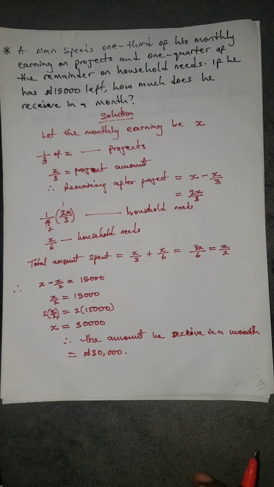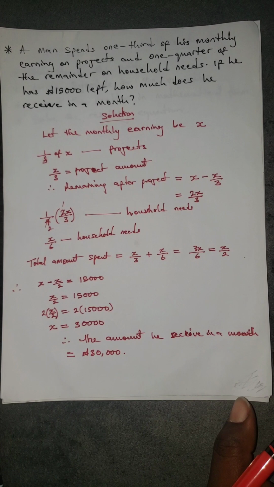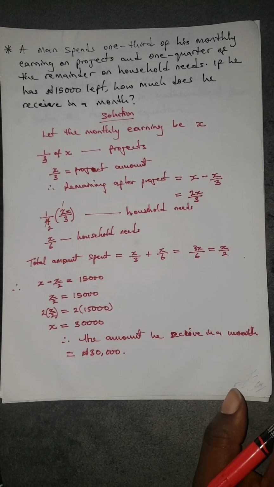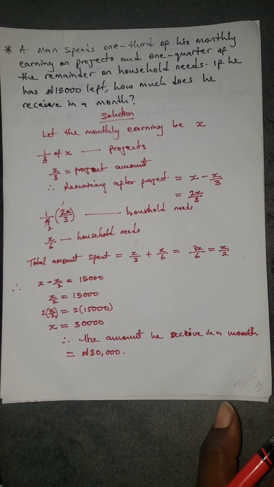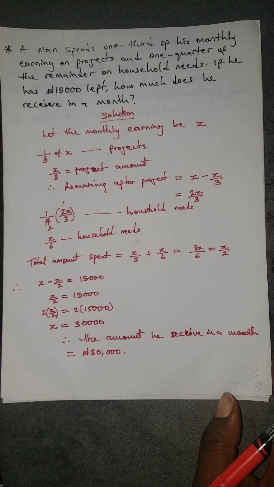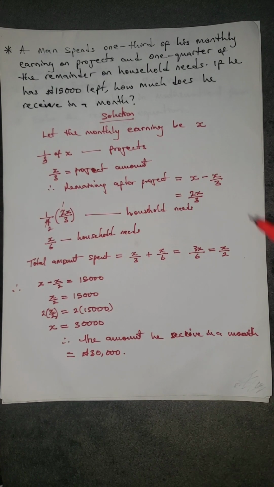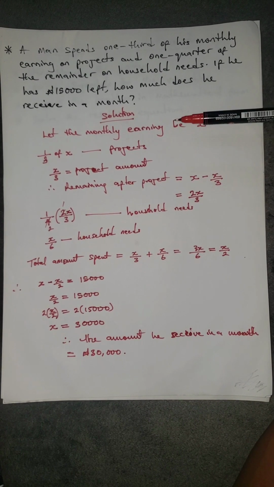Whenever you are solving a word problem, sometimes when you are done, you need to check your answer and be sure that it tallies. So we can go through this answer and see.